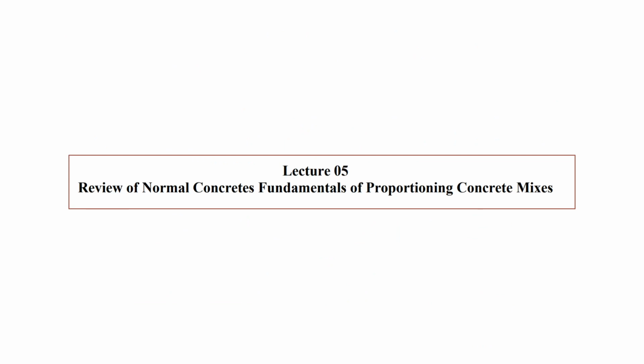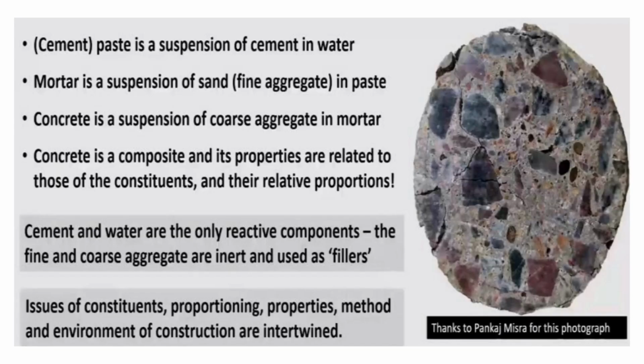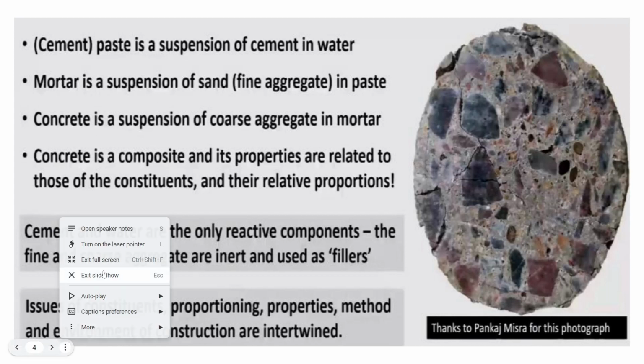So we will be going a little deeper into the fundamentals of proportioning in concrete mixes, and we will review various things which are undergoing inside. What we learned in the last class is that cement paste is a suspension of cement in water.